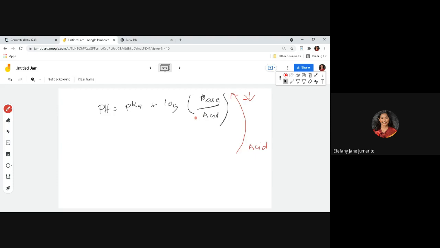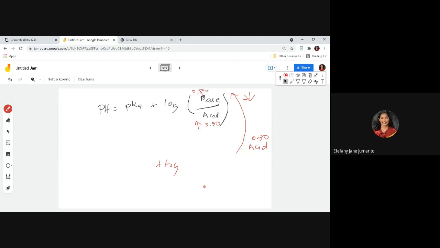It will become more. So that is log of, if we add 0.30, and we have 0.80 of base and 0.90 of your acid, then you subtract 0.30 from your base because it will react.